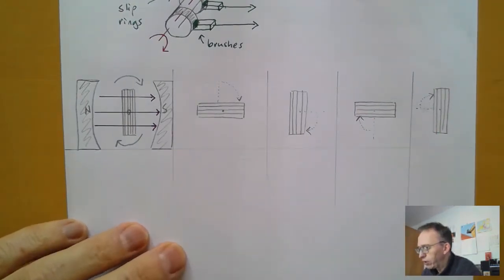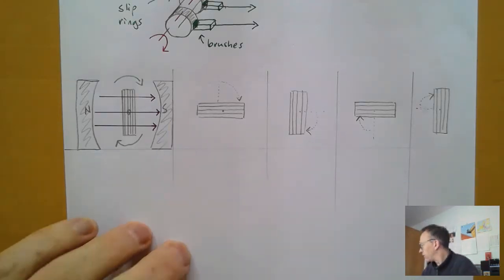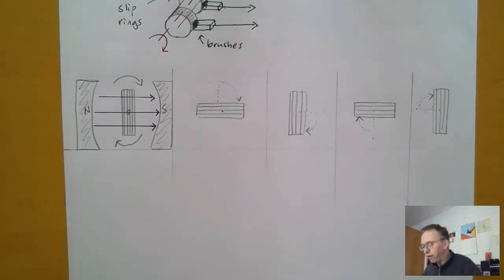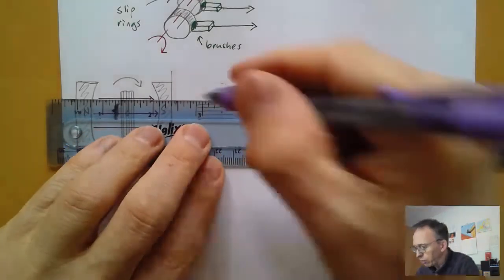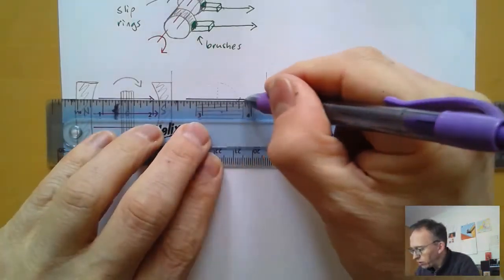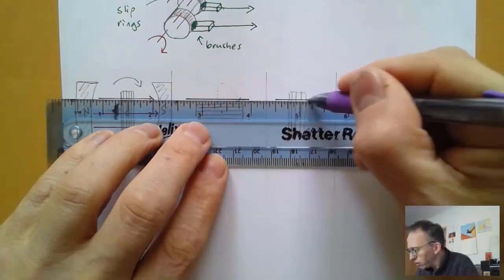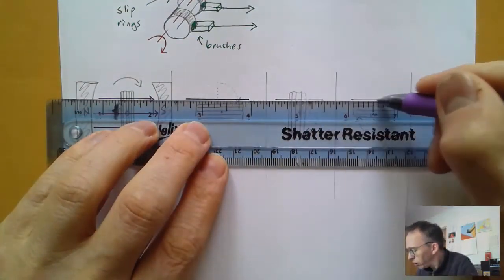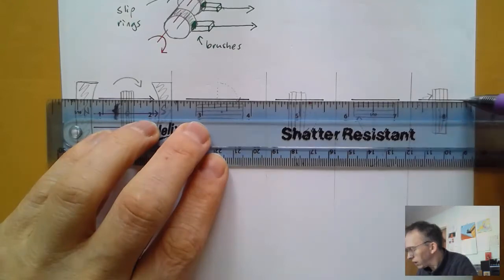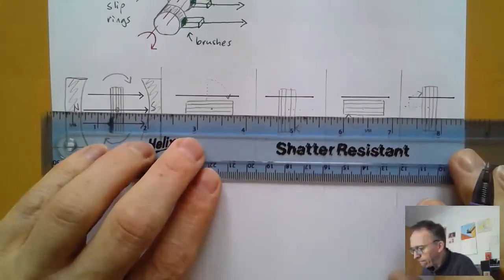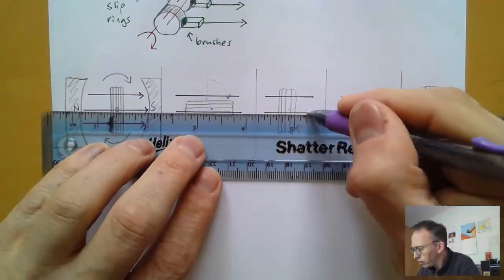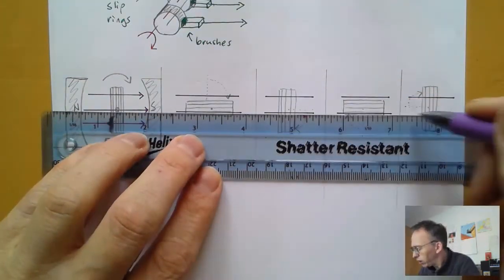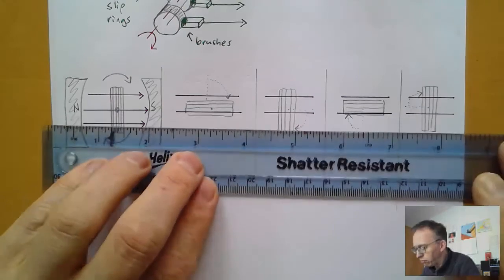Now, we don't need to draw in the magnetic field at each stage because we know that it's there. Or at least we don't need to draw the magnets, but we will draw the field lines. So we have a field line here, here, here, and here. Here, here, here, here.